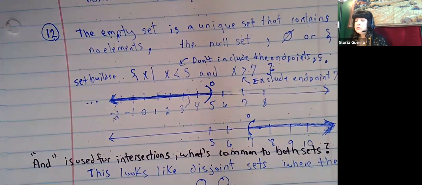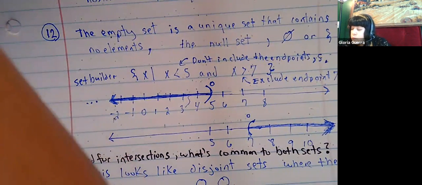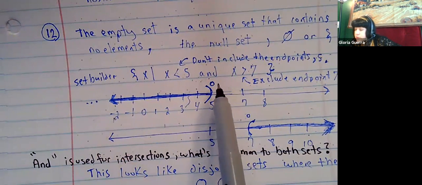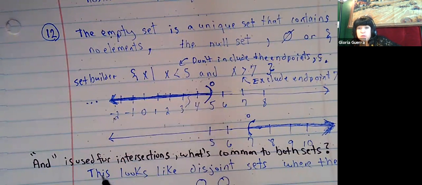So and is the intersection: what's common to both sets? So this and right here, I need to tell you that and is used for intersections.